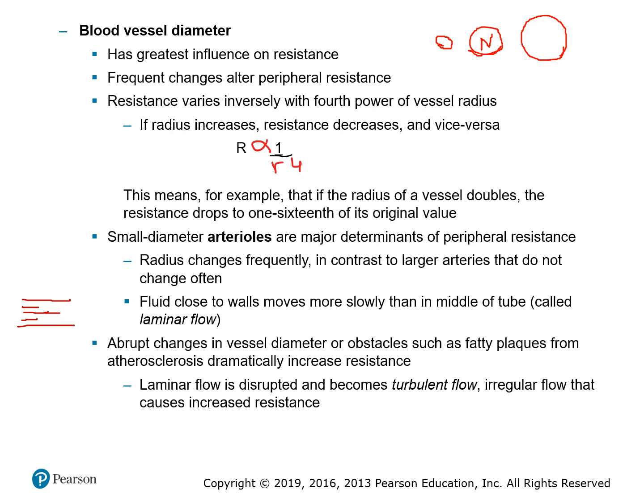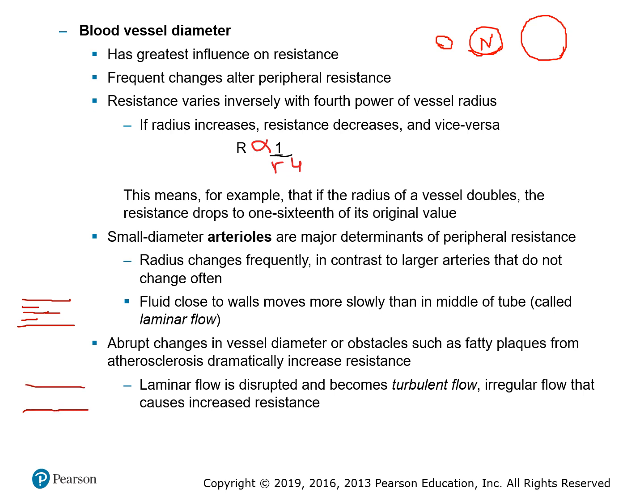And abrupt changes in the vessel diameter or obstacles, such as fatty plaques from atherosclerosis, dramatically increase the resistance. And then the flow becomes turbulent and more resistant. For example, consider this is again a vessel wall. So this is a vessel wall, right?